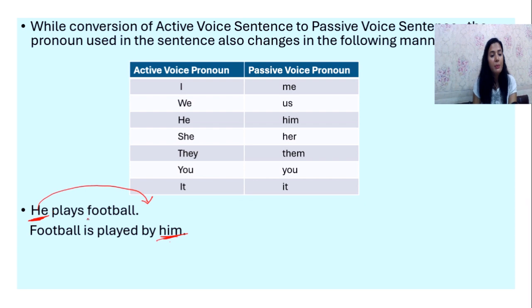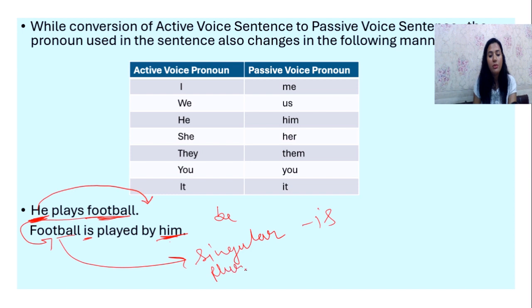He plays football. So what do we do here? We replace he and football. Football becomes the subject in this sentence. As we know, the sentence is present indefinite, so here we will use is as the be verb because football is singular in number. So with singular we always use is, and with plural we always use are, and with I we will use am.